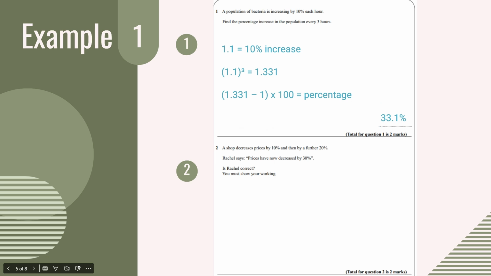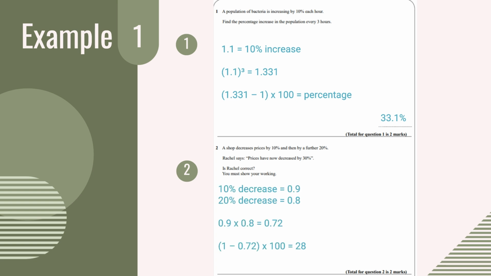Now, in our second question, a shop decreases prices by 10% and then by a further 20%. Rachel says prices have now decreased by 30%. Is Rachel correct? You must show your working. So, if it decreases by 10%, we would times by 0.9, and if it decreases by 20%, we times by 0.8.